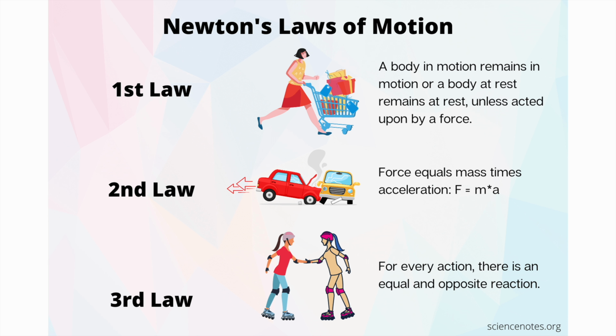But the moment you use your hand and you grab your phone, now that phone moves. And it's going to keep moving until you stop moving your hand. So anything in motion is going to continue to stay in motion, while anything at rest is going to continue to stay at rest.